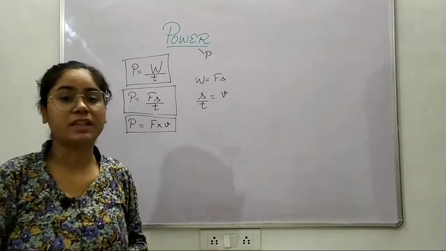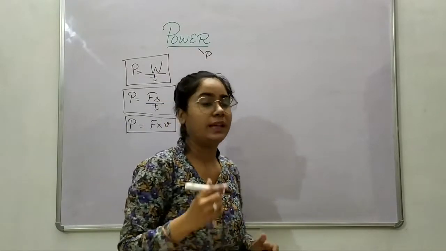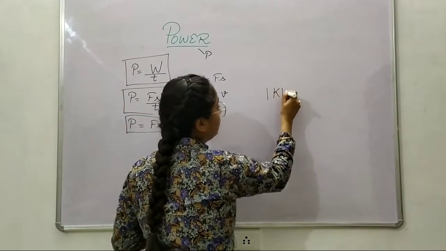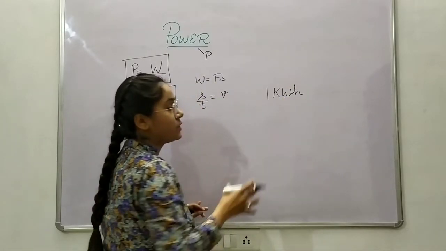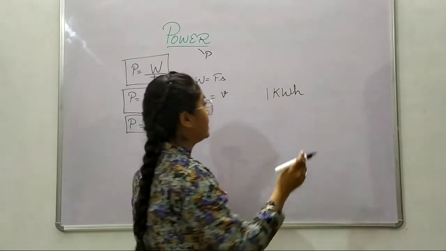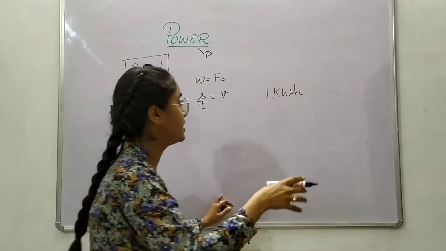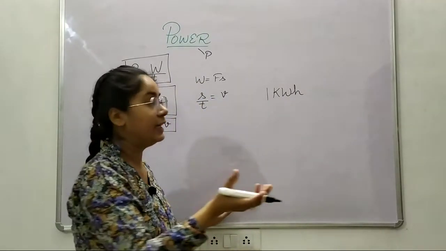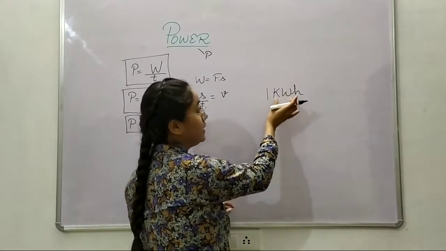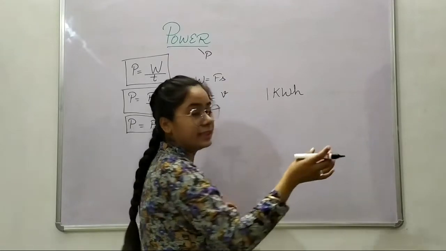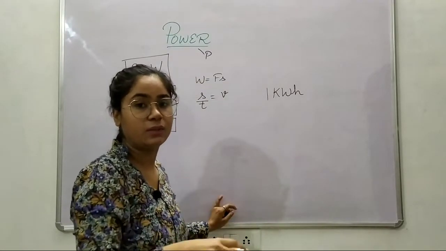Now let us talk about the commercial unit of power. The commercial unit of power is 1 kilowatt hour. Now what is this 1 kilowatt hour? It is the energy consumed by an agent in 1 hour when the power is 1000 watts, or 1 kilowatt.